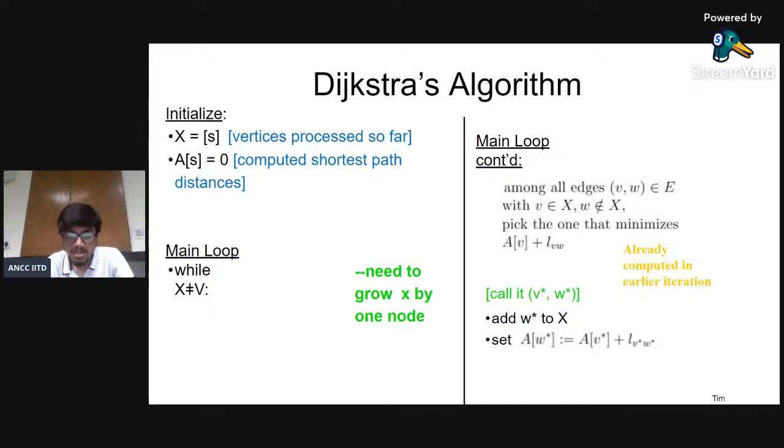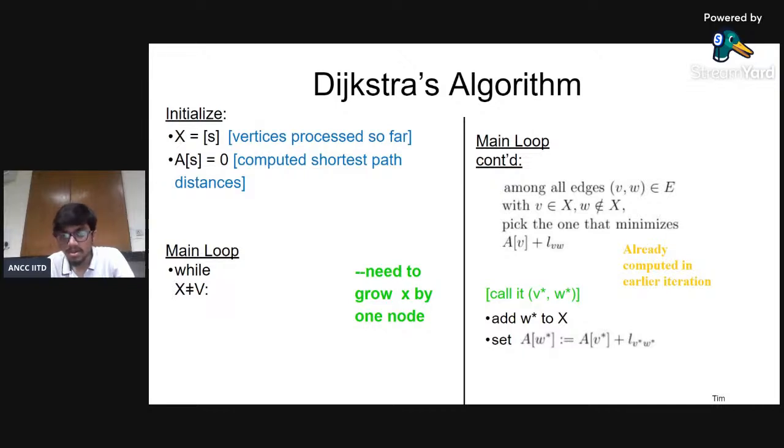Initially we can see that these two edges are the ones that cross the frontier. Out of these two, this one is the minimum. We would choose this edge, this vertex would be added to the explored set, and the distance of this vertex would be set to 3.